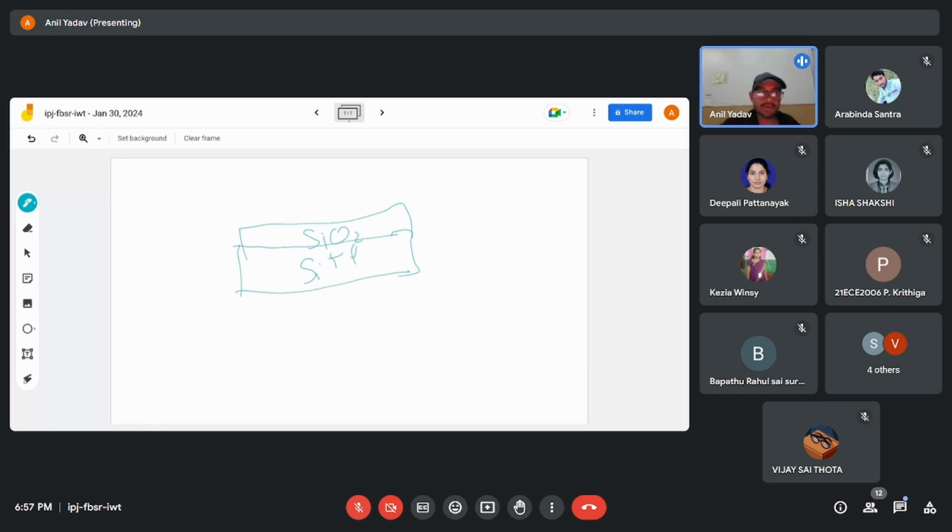And in every device, whatever electronic gadget you can think of, there is a transistor. Your mobile phone, laptop, this stylus, everywhere there are transistors. Okay, this is silicon dioxide.